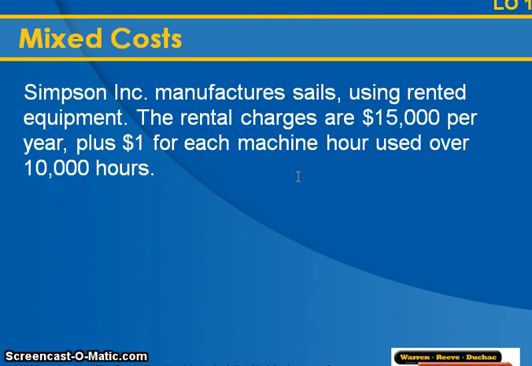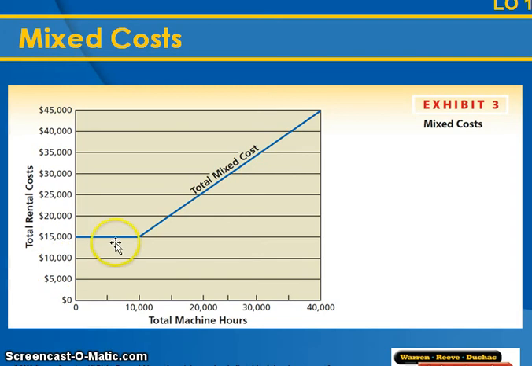So there's your fixed component. No matter how many you make, it's $15,000 a year. That is your fixed cost, the rental charges. But as soon as you hit more than 10,000 hours, you have to pay $1 for every hour the machine is operating. So it's got a component of fixed and a component of variable costs. And what that's going to look like is this right here. Okay? All right.